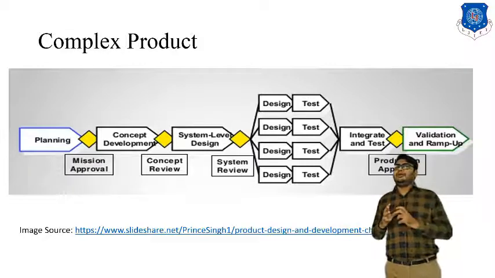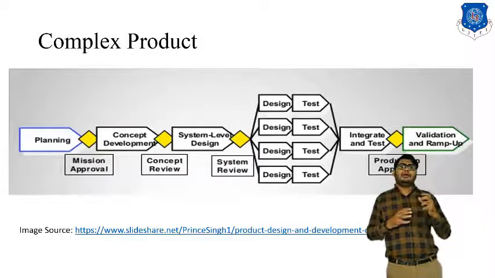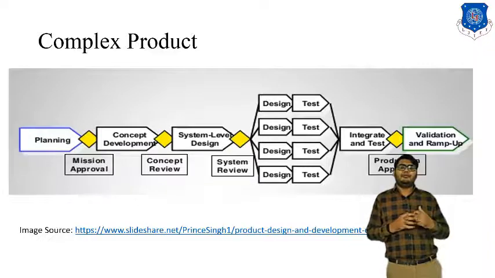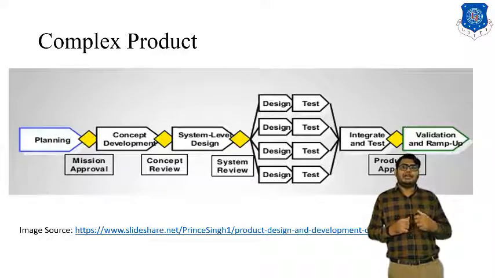So we need to make sure that the higher management is with us in every step of this product development cycle, and we have to be extra careful that we are not making any mistakes, because modifications in complex products will be very costly as compared to other products.